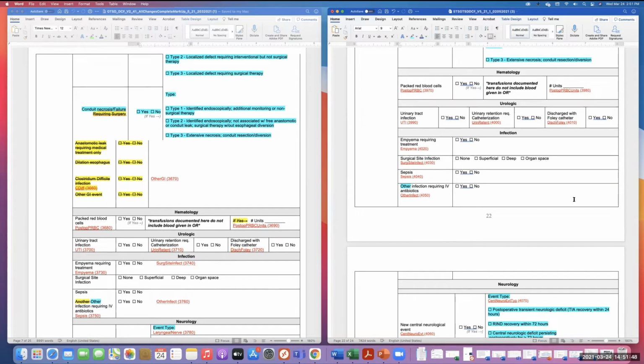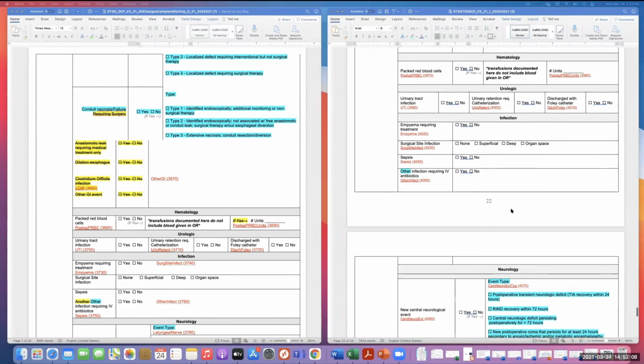We pulled these from other areas to coalesce so it made more sense. And then other infection requiring IV antibiotics. For instance, they got a gangrenous foot and you're treating that, so they're getting antibiotics, but it's not for pneumonia.